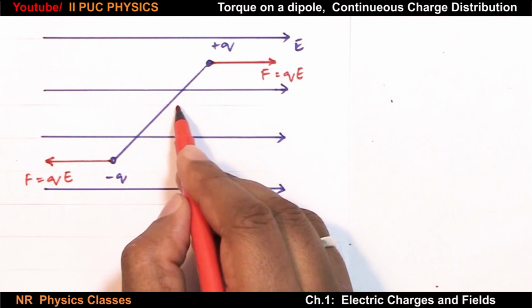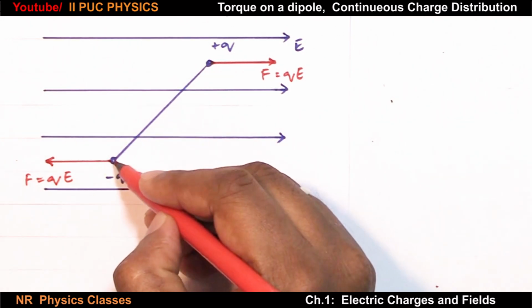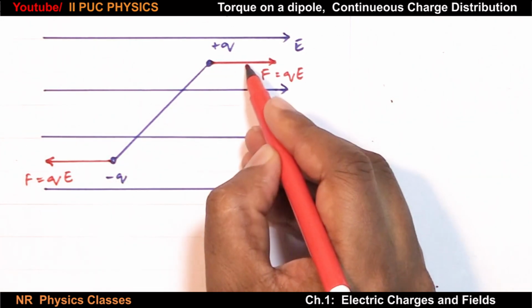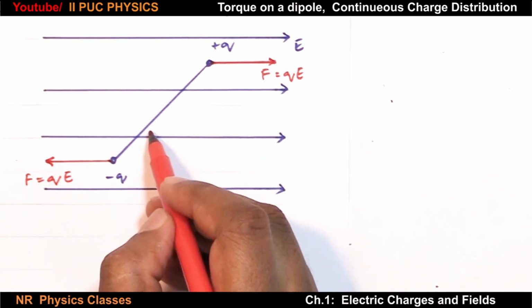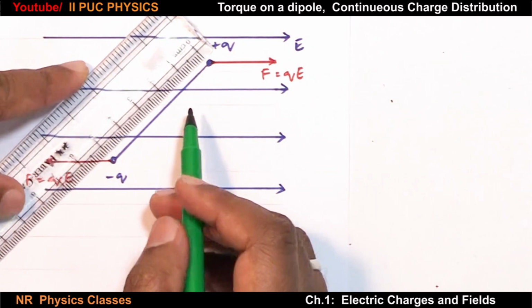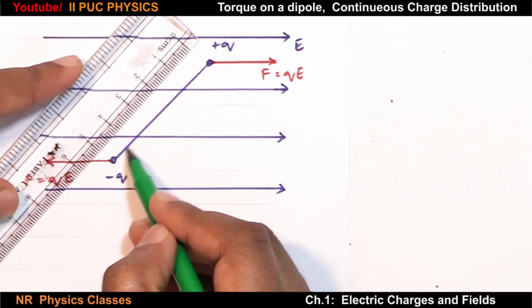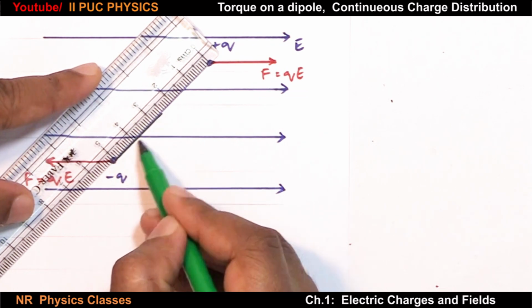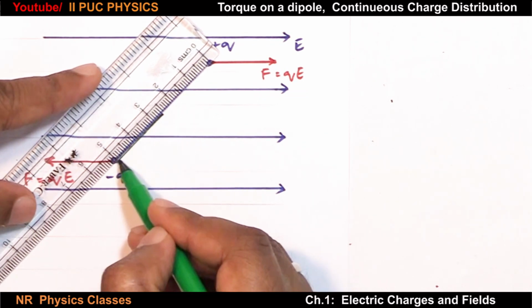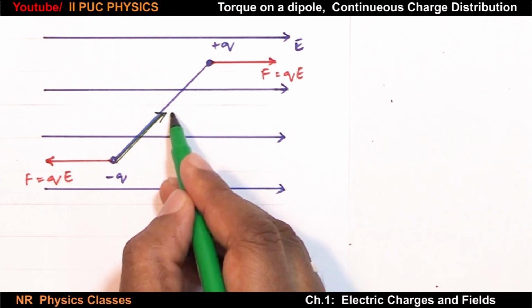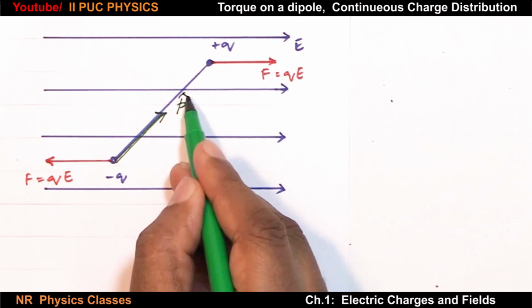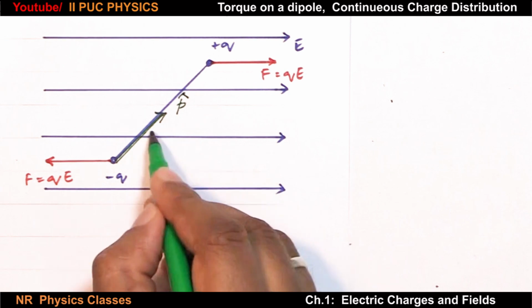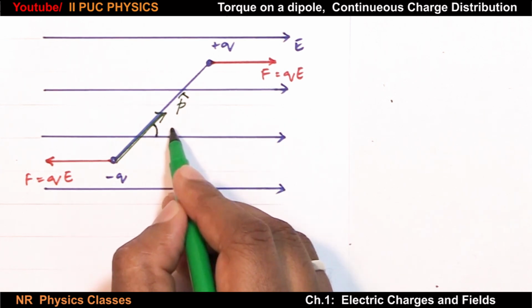To find the torque, the shortest distance between these two forces matters. Before that, let me write P cap. The direction of the dipole moment is from minus Q to plus Q along the line joining the charges. So this is the direction of P cap. This is the electric field. So the angle between P cap and the electric field is theta.